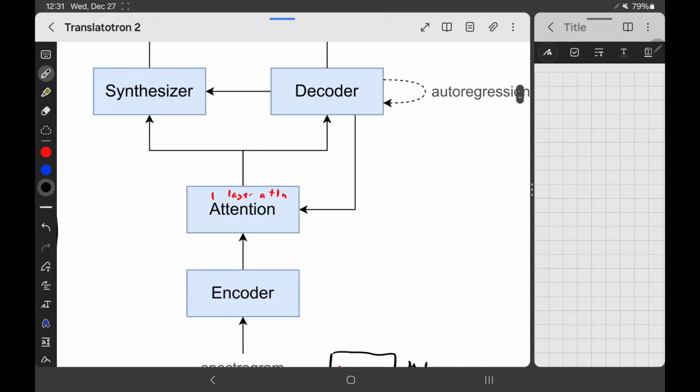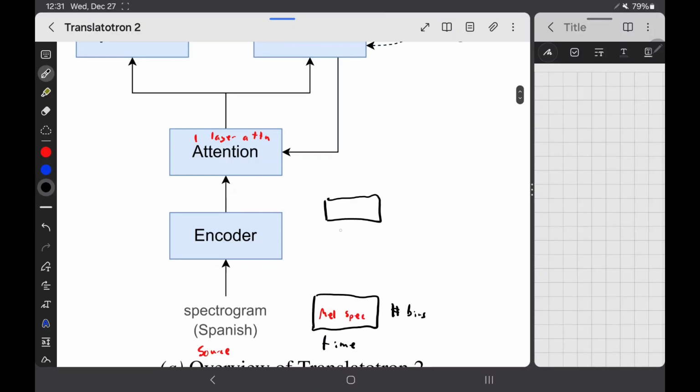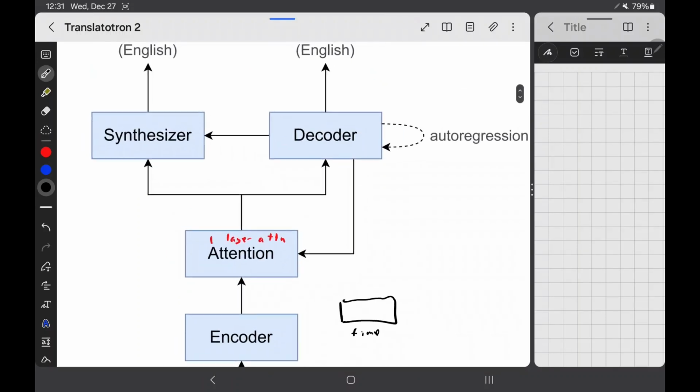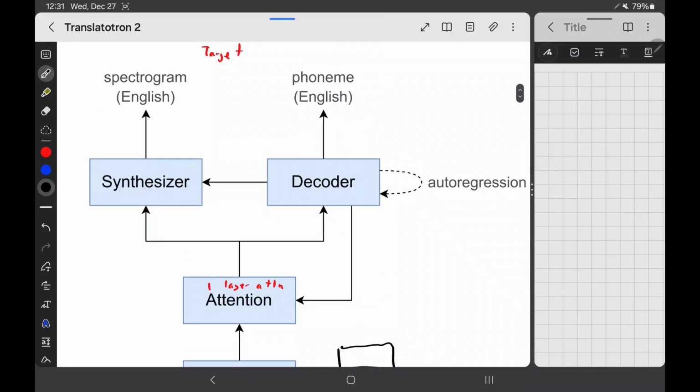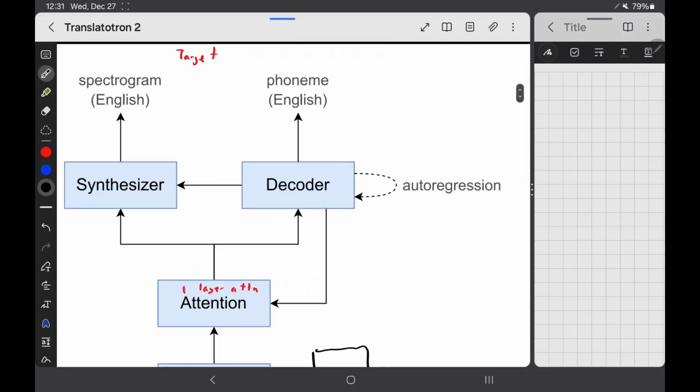So what you do with your encoded MEL spectrogram, your features, is you're going to throw this through attention. So an attention mechanism, which we'll get to in a sec, and the output of the attention mechanism is going to be sent through this decoder here, and this decoder is basically going to extract phonemes, and it's going to do it autoregressively.